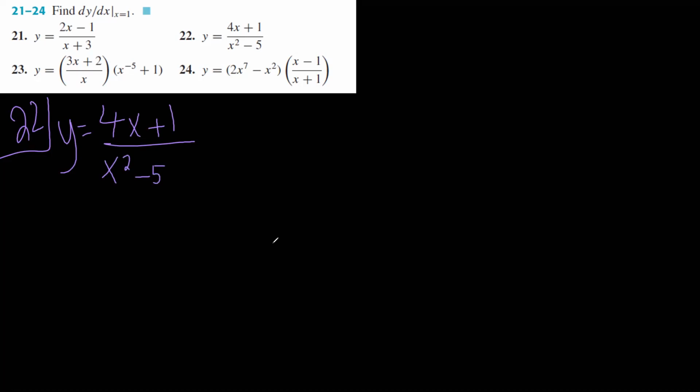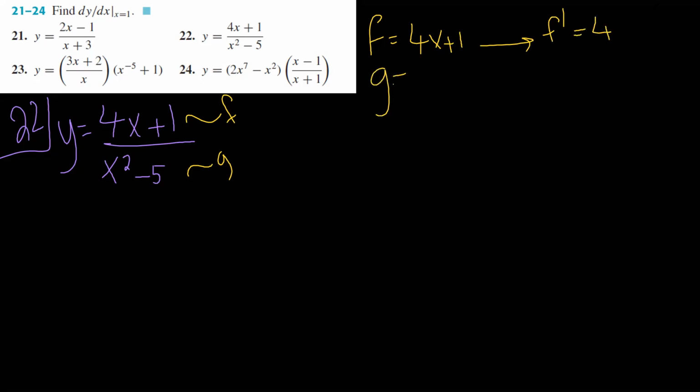The first step, you can do it quickly by naming them f and g. If f is 4x plus 1, then f prime will be 4. And if g is x squared minus 5, then g prime will be 2x to the power 2 minus 1, which is 2x, and the 5 is 0. The derivative of a constant is 0. So I now have f and f prime, g and g prime.